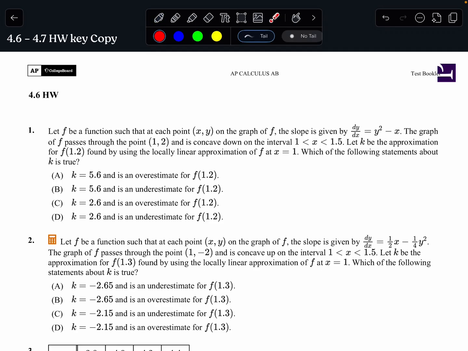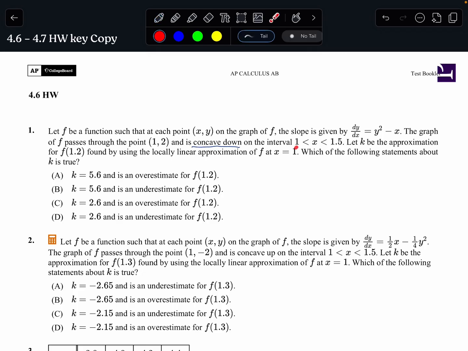So, let f be a function such that at each point (x, y) on the graph of f, the slope is given by the equation stated here. The graph of f passes through the point (1, 2). It is concave down, so that's important to note right there.